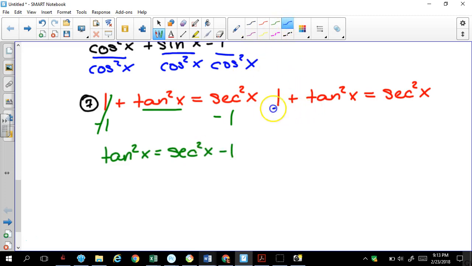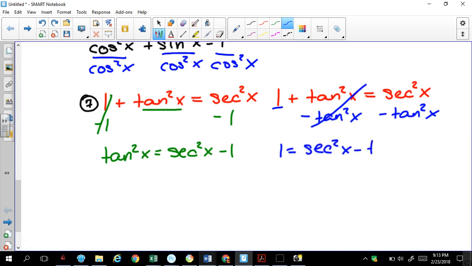And I can solve for 1 and get rid of that tangent. So I'm going to subtract tangent squared x from both sides. And that gives me 1 equals secant squared x minus tangent squared x. So this is your 8th one, and this is your 9th one. Those are all of your trig identities.